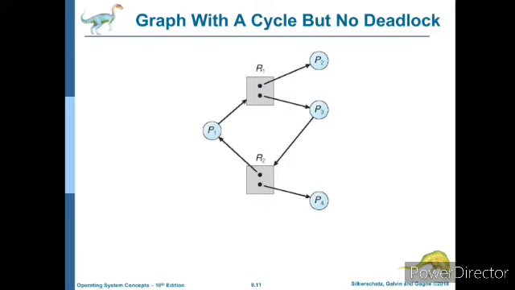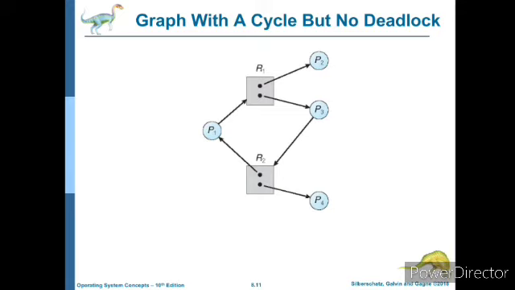In this graph, it contains a cycle, but there is no deadlock. We have a cycle here from P1 to R1, R1 to P3 and P3 to R2. There is a cycle, but there is no deadlock. Why?